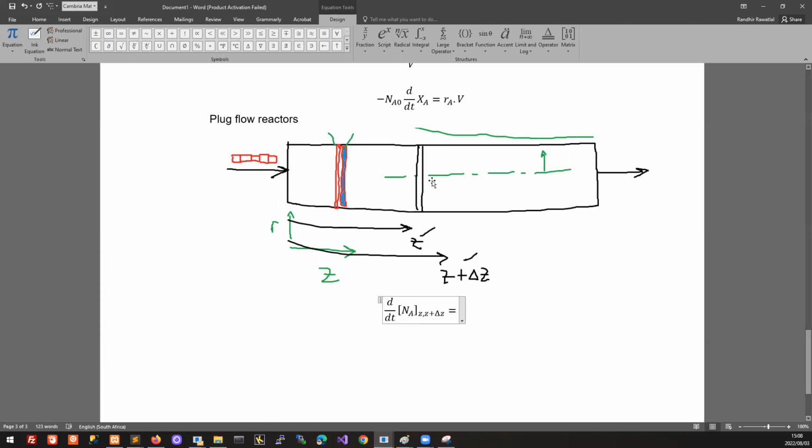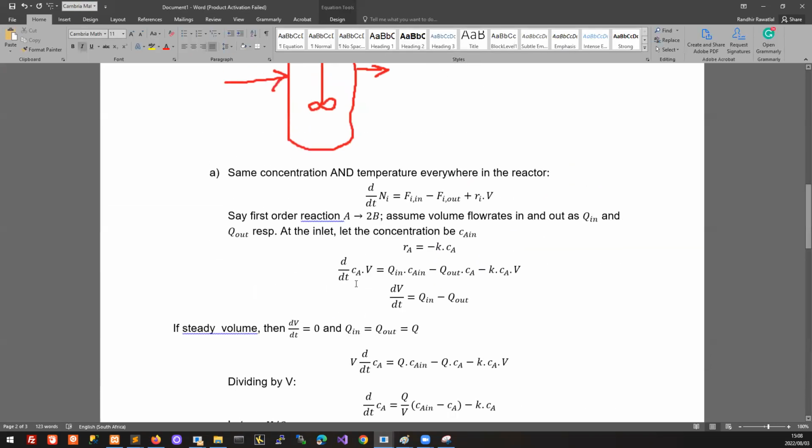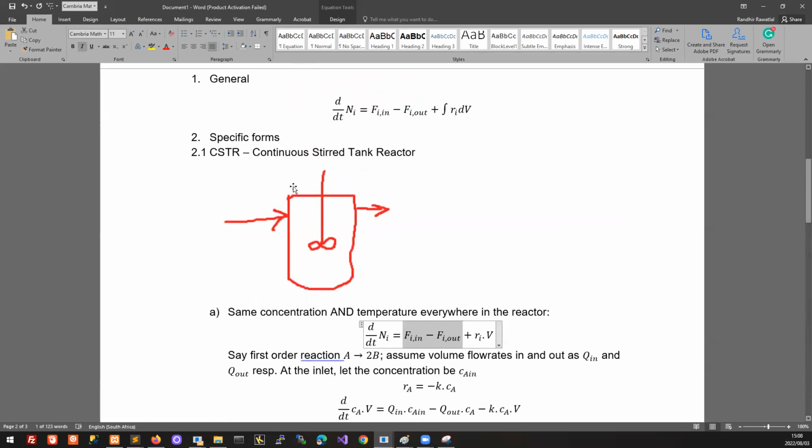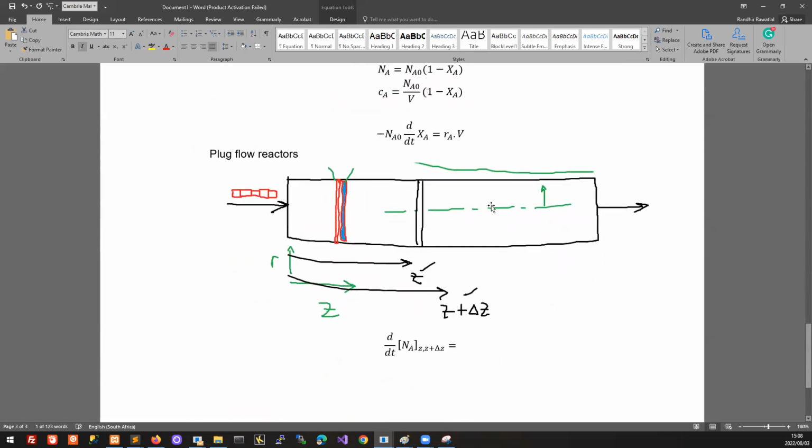So first off, we can see that there is flow across this space, right? The fluid is flowing through this tube, so some of the fluid is going to flow in here, and then some will flow out there. So we can say there's a molar flow rate, and now our molar flow rate, in contrast to earlier, where we just said there's one molar flow in and one flow out of the whole reactor, we are now defining molar flow rates inside of the reactor.